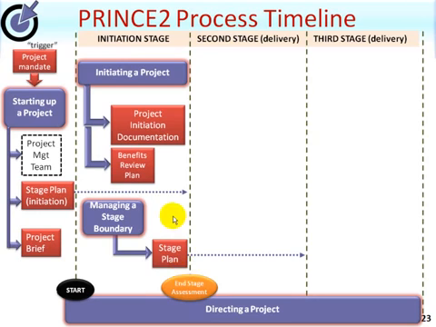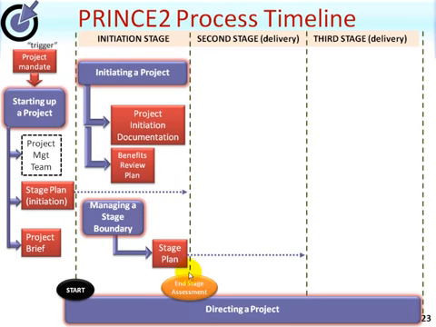If I can just take you back to pre-project, looking at the starting up a project process, you can see here that the stage plan covers what will happen in the initiation stage. It must therefore cover all of these activities, not just the resources and activities and products, for example the project initiation documentation that needs to be created, but also the activities and products that need to be created or updated from the managing a stage boundary process.